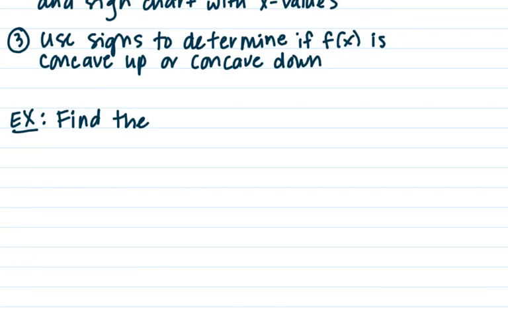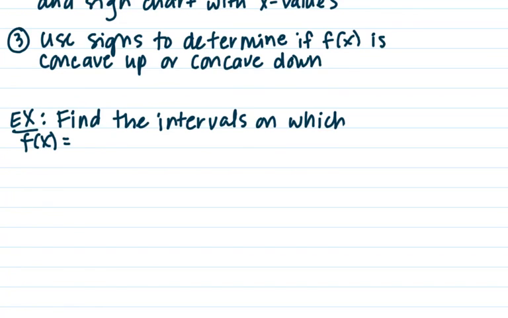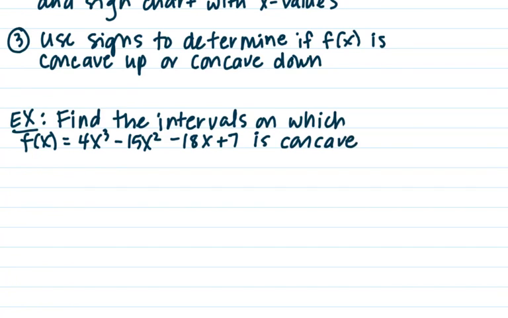Find the intervals on which f of x equals 4x cubed minus 15x squared minus 18x plus 7 is concave up and concave down. Determine all points of inflection.